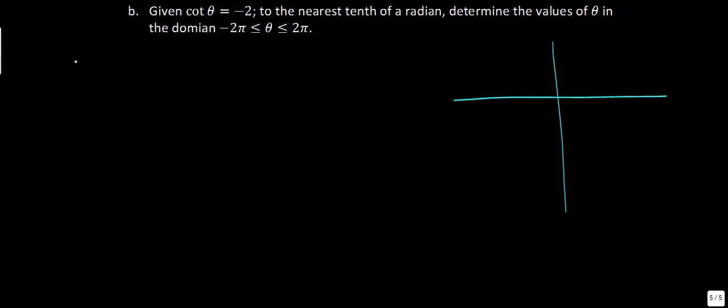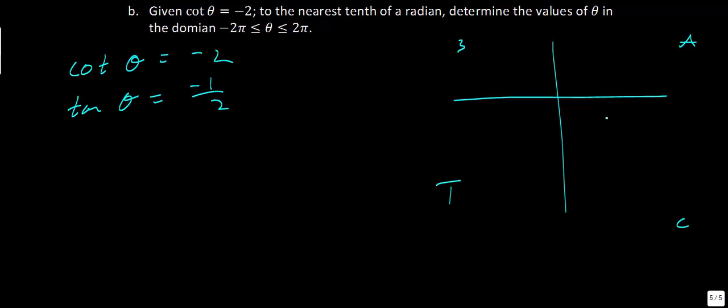I guess we'll start out with cotangent of theta is equal to negative 2. That means tangent of theta would just be equal to the reciprocal of that, which is negative 1 over 2. Then we draw our triangles, using the CAST rule, C-A-S-T. We know that tangent is positive in quadrants 1 and 3, so it makes sense that we are looking for something that's negative in these two quadrants.